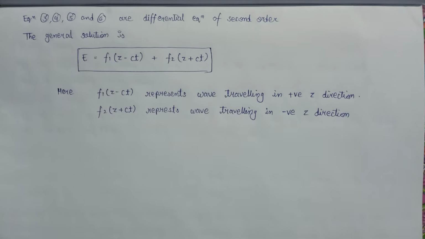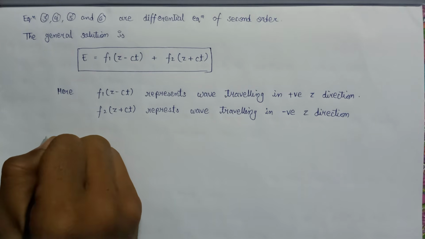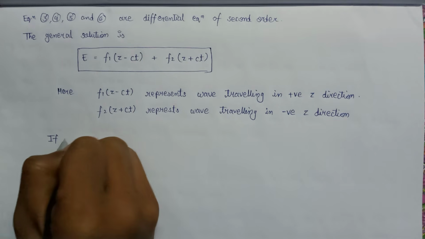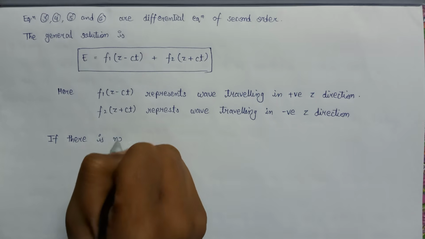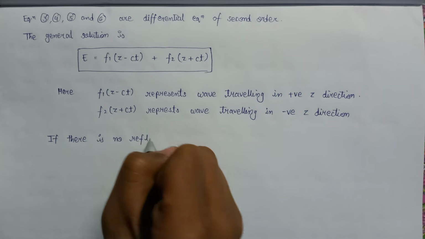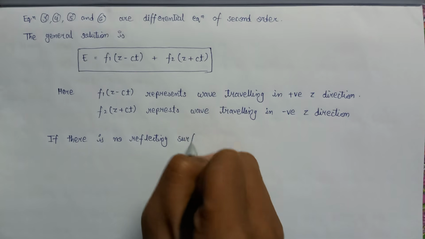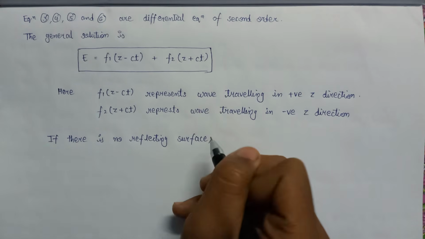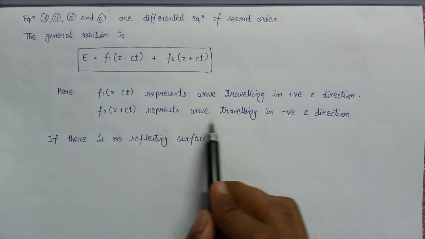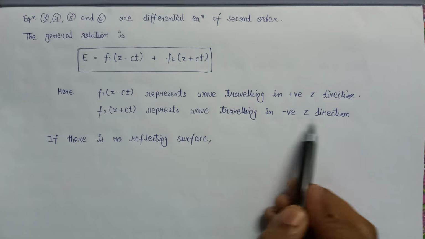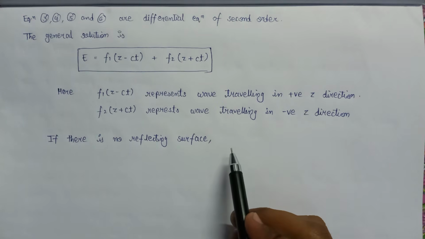Now let us have a look at a case. According to this case, if there is no reflecting surface, since the reflective surface is not present, the movement of the wave traveling in the negative z direction is not possible, because the wave is not reflecting back.